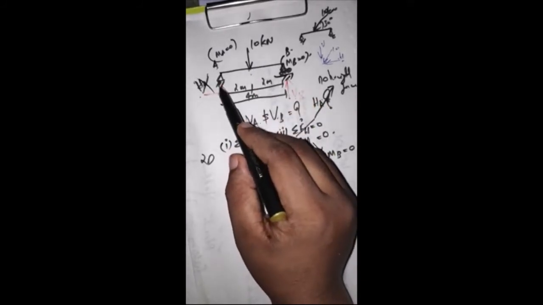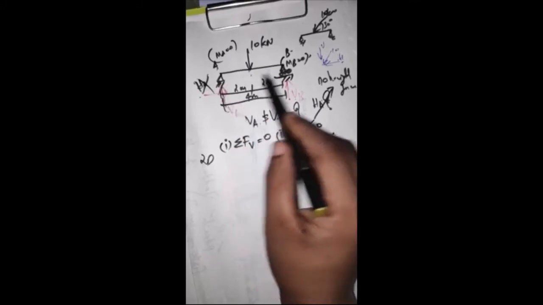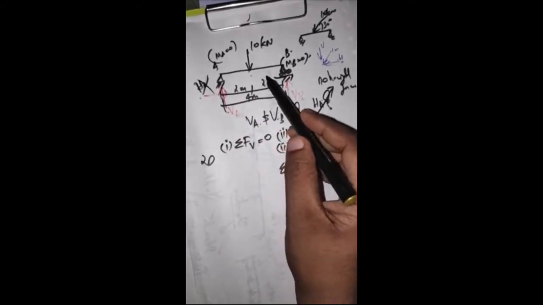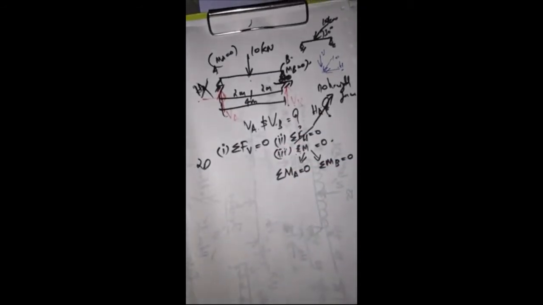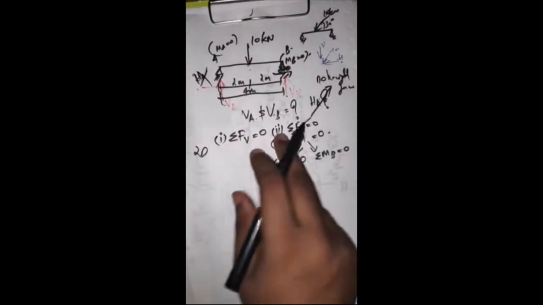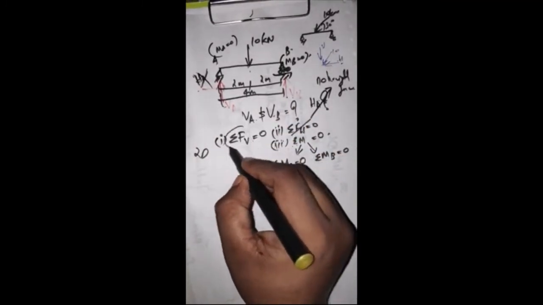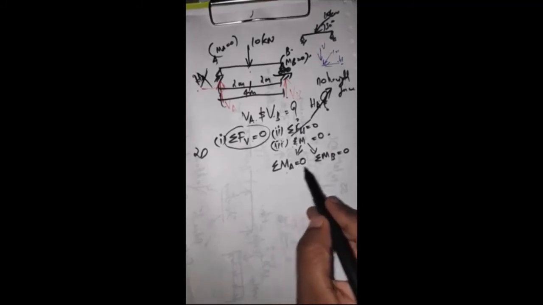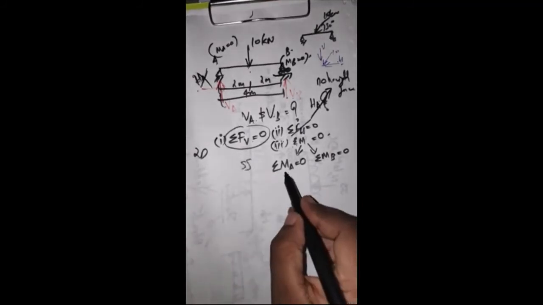So the forces coming at these supports are known as the reactions. That is the real meaning of reactions. Now we are having these two equilibrium conditions. For a simply supported beam, the moments at the ends should be 0.